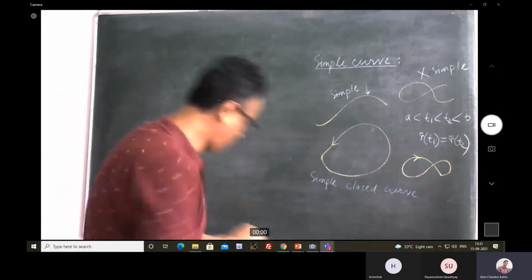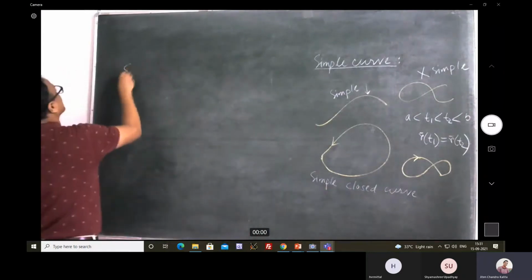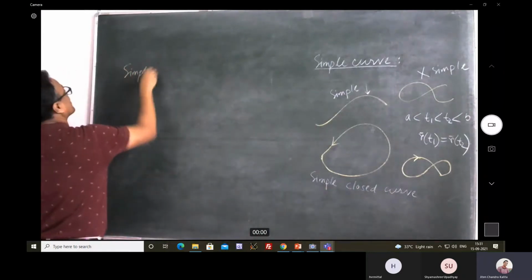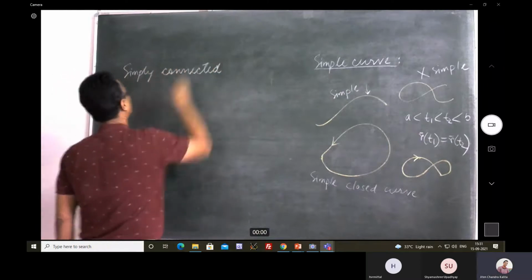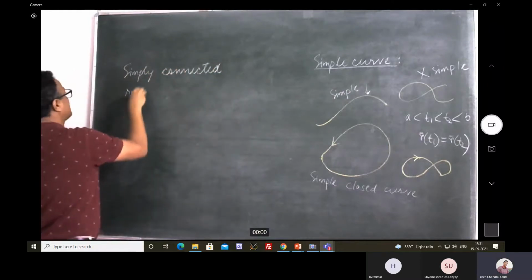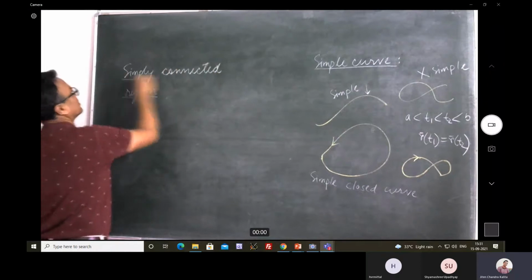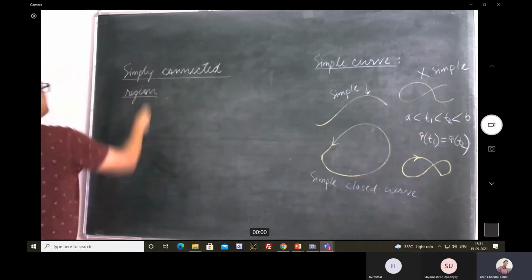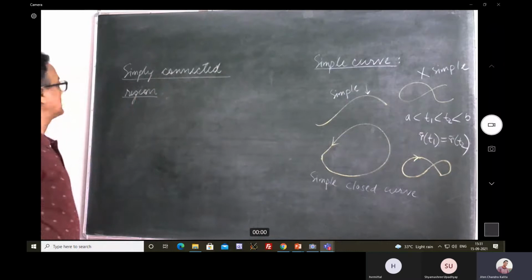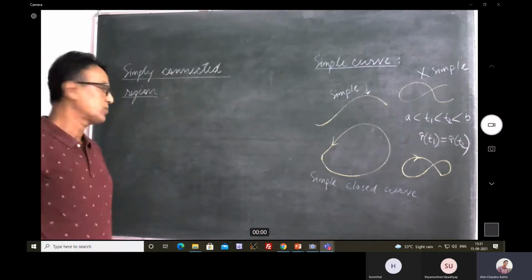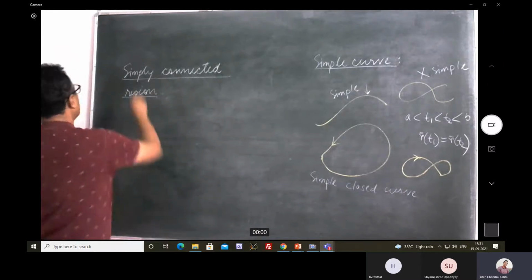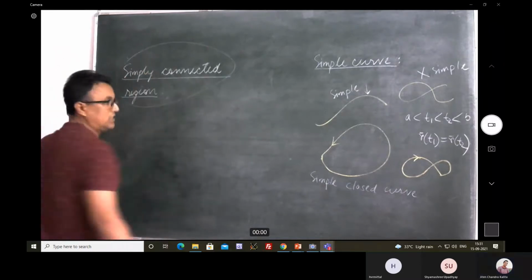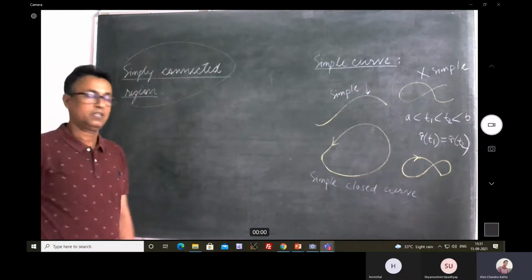Okay. Now the next concept is that of a simply connected region. This concept, being engineering students, in future when you study other subjects, and particularly in complex variables, is going to come quite frequently.